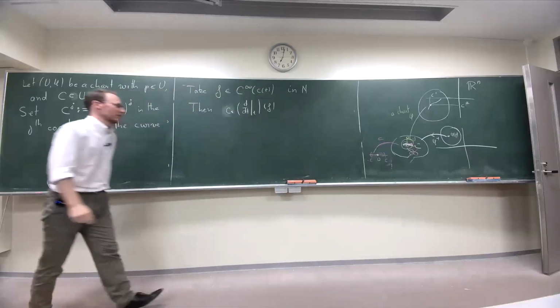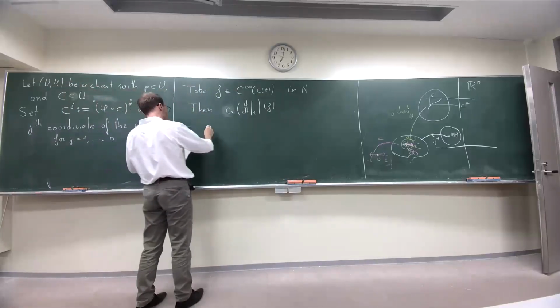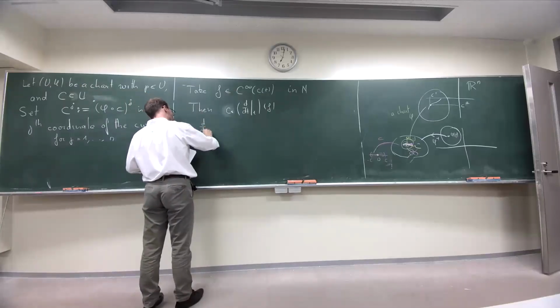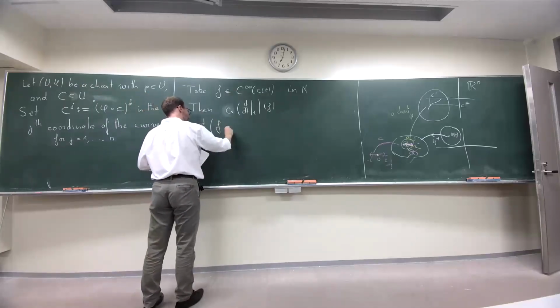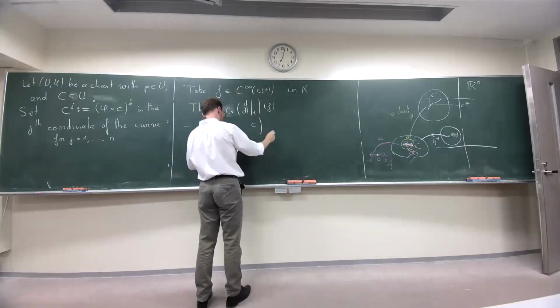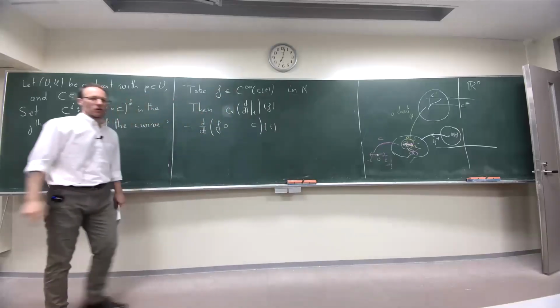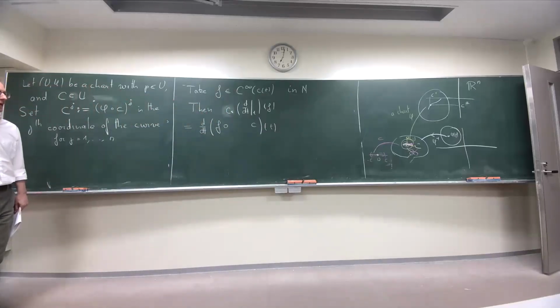So this is well defined. And if you remember the formula I have written before, this is d over dt of f composed with c, evaluated at t. Not only at 0, but at t.